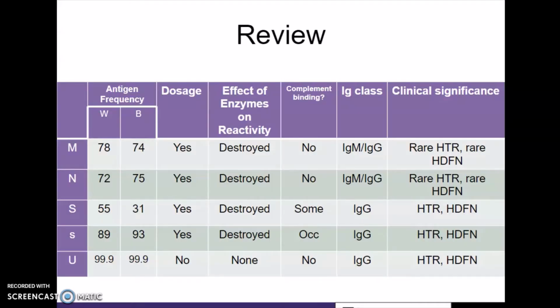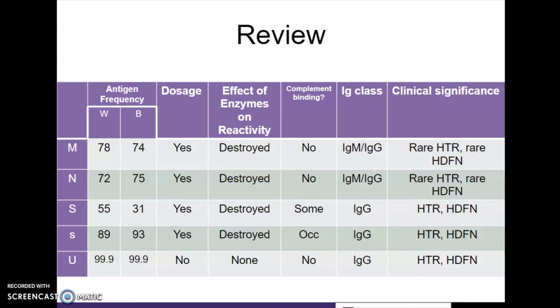Here is a chart to review everything that we've just gone over. It shows antigen frequency, which I think is important to consider. Little s is more common than big S, and that's important to remember, especially if you need to find little s negative blood. It's going to be difficult. And U is really, really prevalent, so keep that in mind.